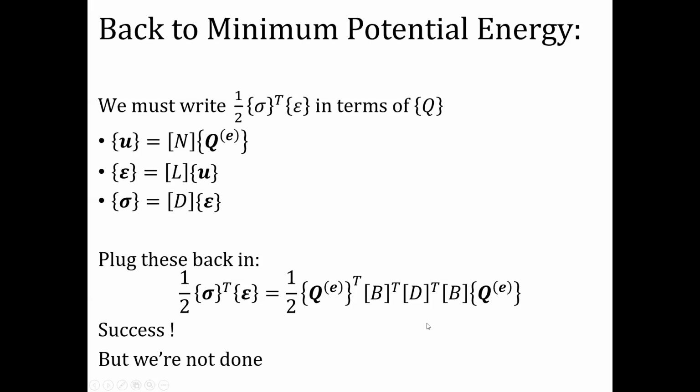This is a quadratic form. आपको जरा मुश्किल से नजर आ रहा होगा, but maybe you can think of it as a half kx square type of form, where this entire term is some k.